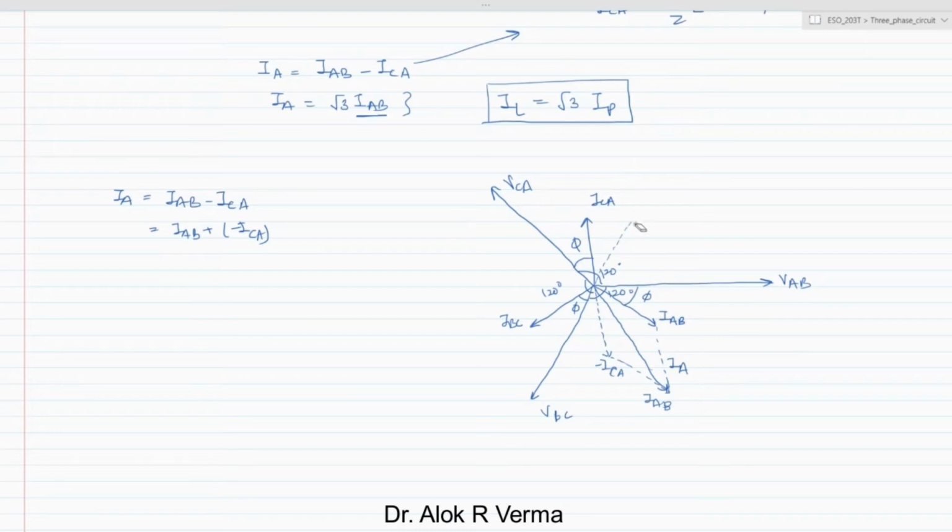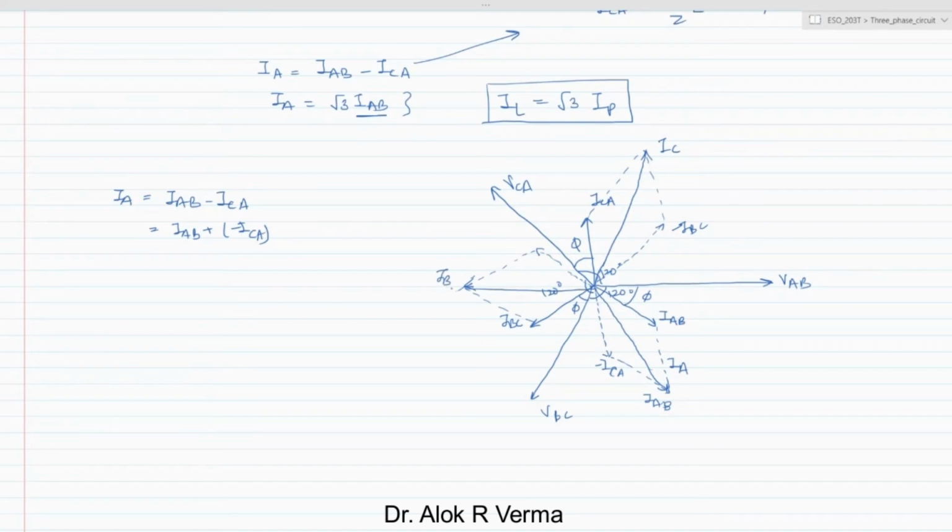Okay, so this is minus IBC, and if we add these two, you'll get I of C. Similarly, here also you are having this IB.